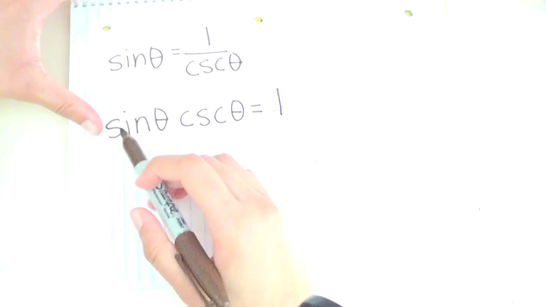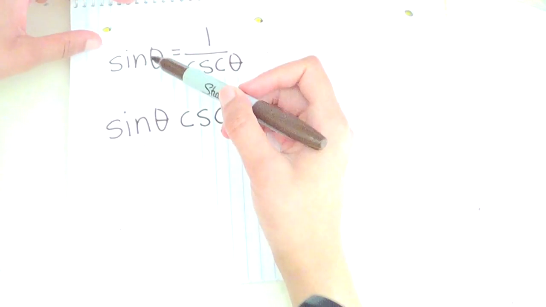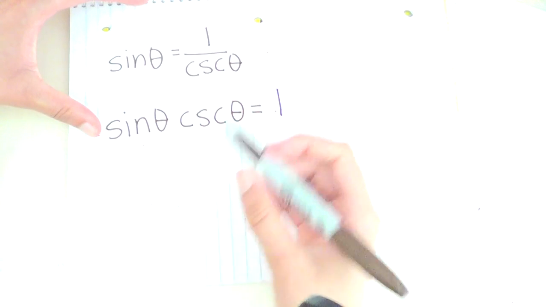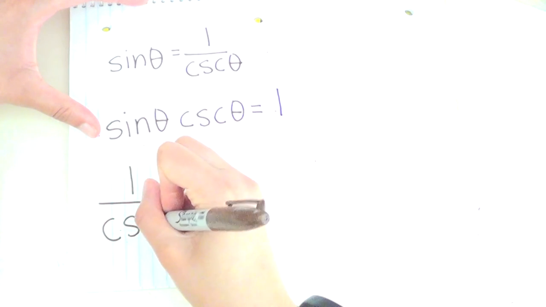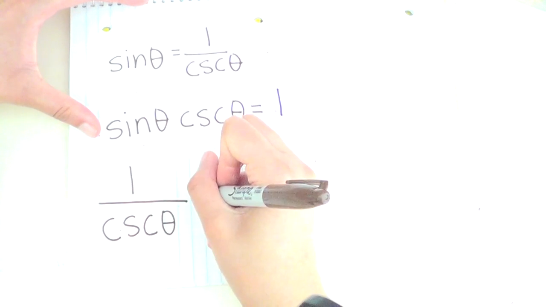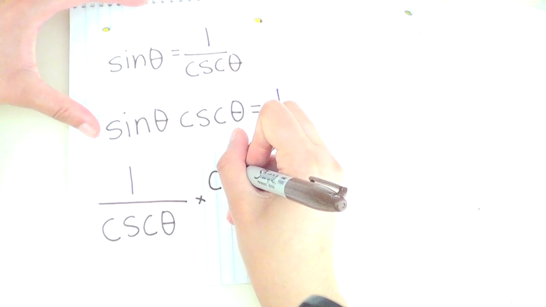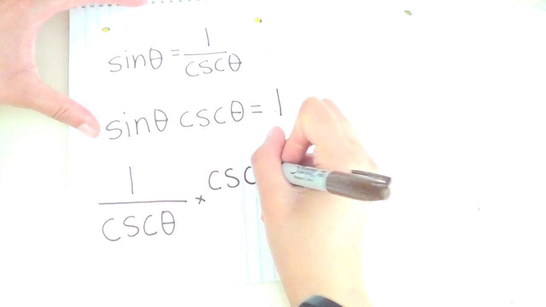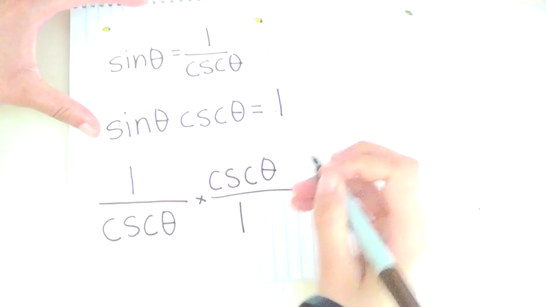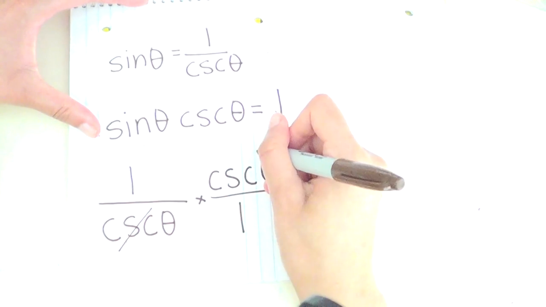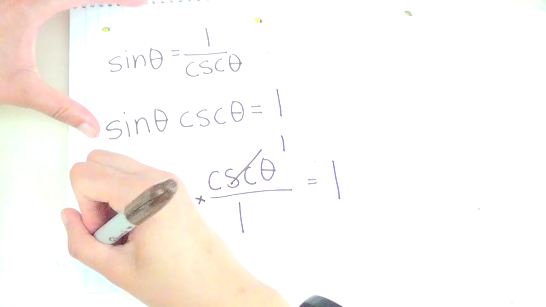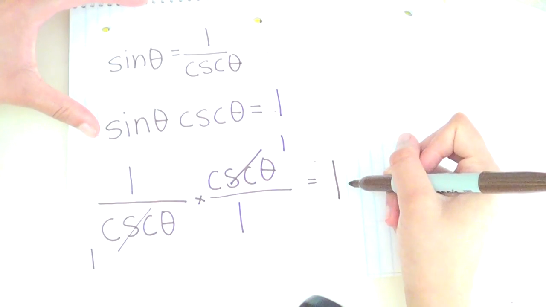To prove that, we would substitute sine theta and put this in. So 1 over cosecant theta times cosecant theta over 1 would equal 1, since these would cancel out and become 1. So 1 times 1 equals 1.